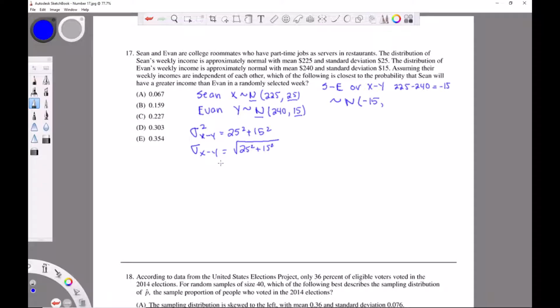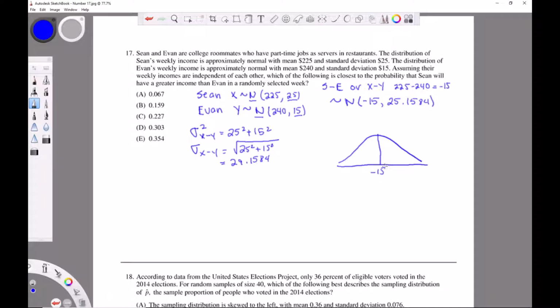And that will give us 29.1584. All right, so this distribution is going to be approximately normal, and it's going to be centered at negative 15.